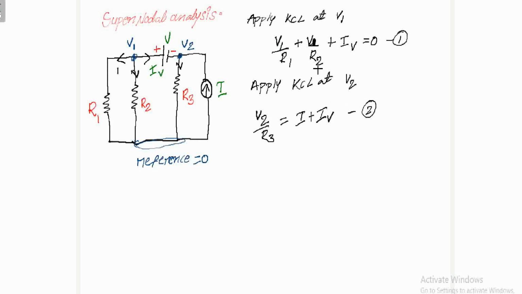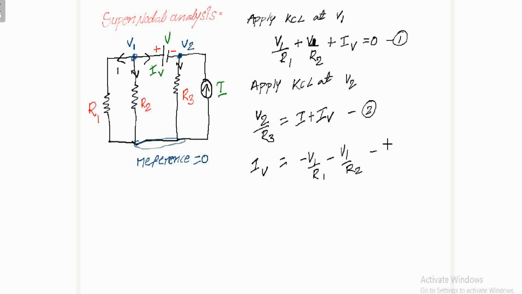If you observe in the first and second equation, we are having a common term, that is IV. Let us write IV from equation number 1. So IV is equal to minus V1 by R1 minus V1 by R2.